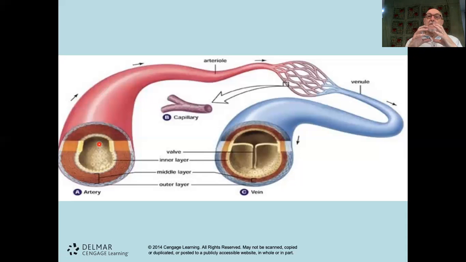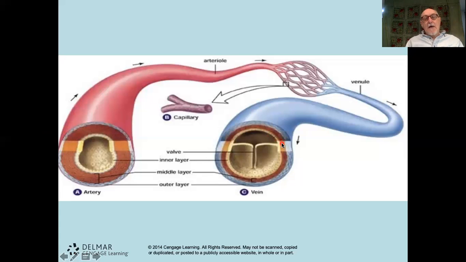Instead, this thick muscle layer maintains the diameter of the artery, and thereby it maintains the pressure of the heartbeat. This means that the arteries can conduct blood under pressure of the heartbeat for a very long distance.